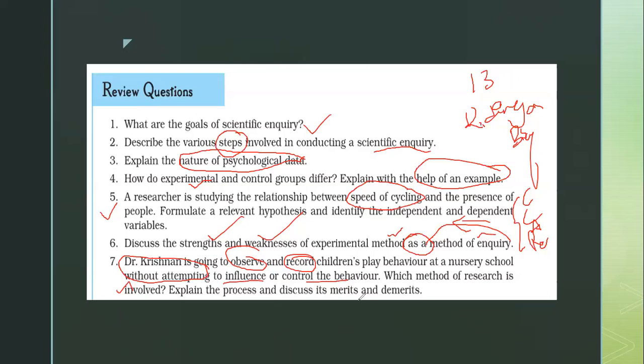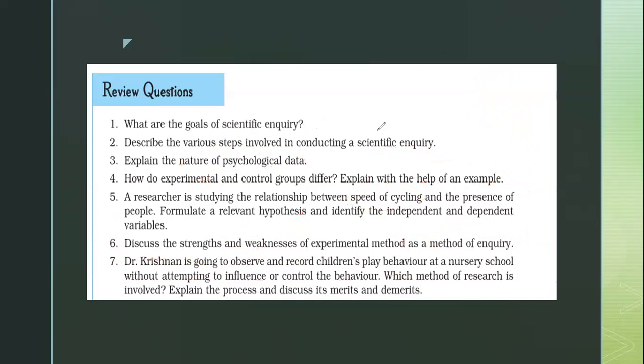Just try to process and discuss its merits and demerits. Now, as I said, it is related to experimental. The other thing is the observation method. Try to understand these things and complete these 7 questions in 2 or 3 days as early as possible. Okay, and let us proceed further.